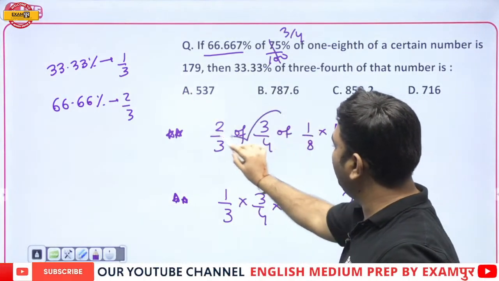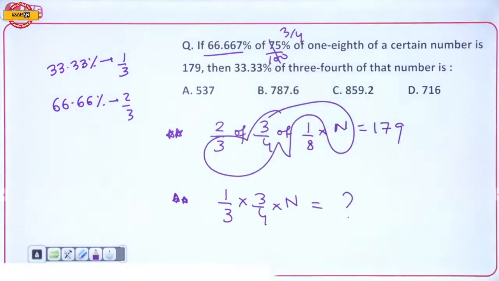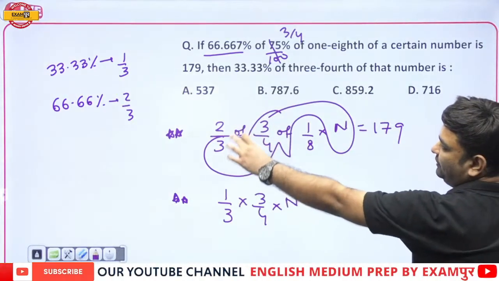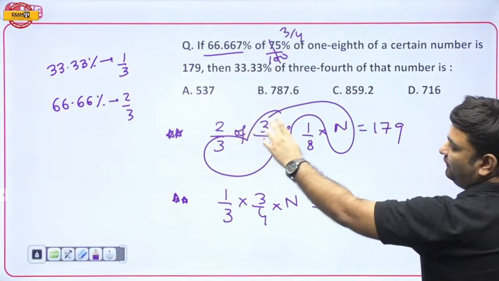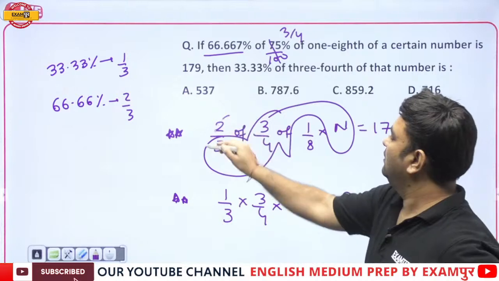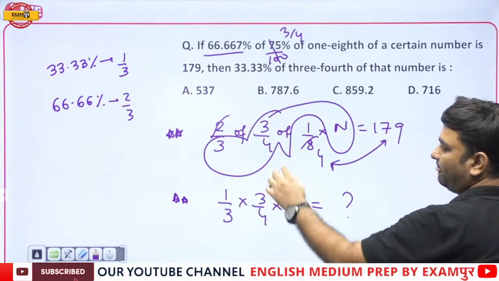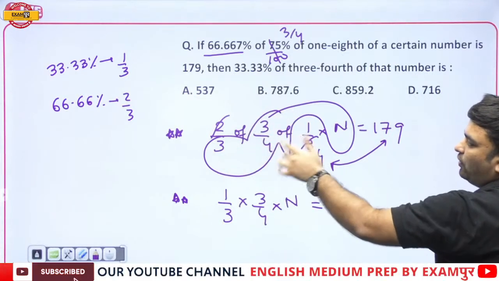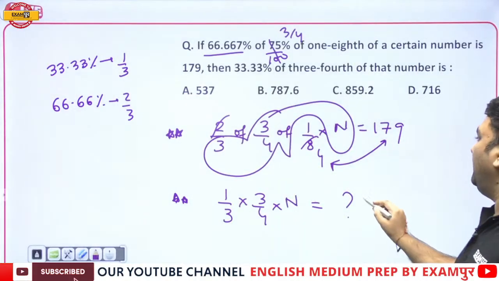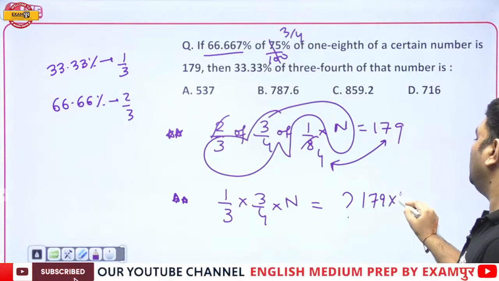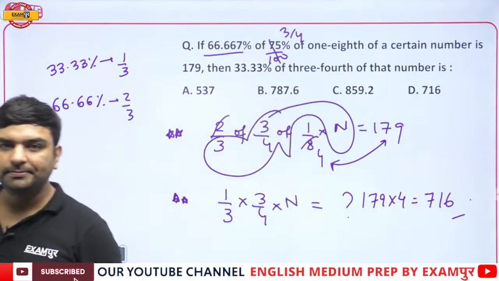So 3 by 4 and 1 by 3 is common. 1 by 3 of 3 by 4 of the number is just multiplied 4 times. Just simplify it, and this 4 will go to the right hand side. It is going to be 179 into 4. That is 716. Should I take it once more, or it is sufficient?